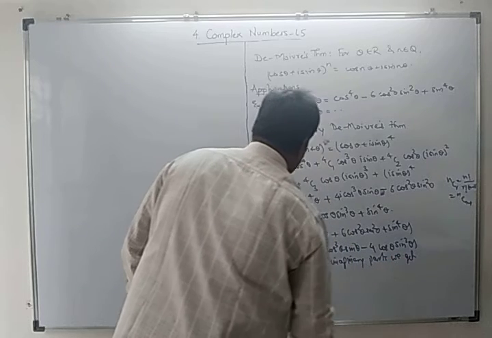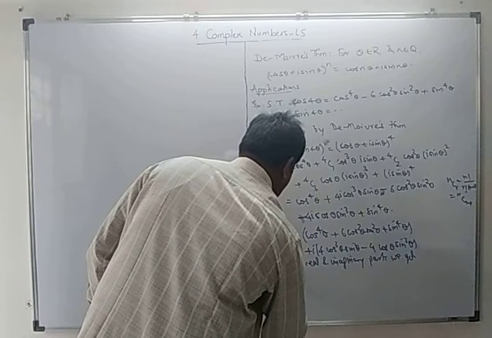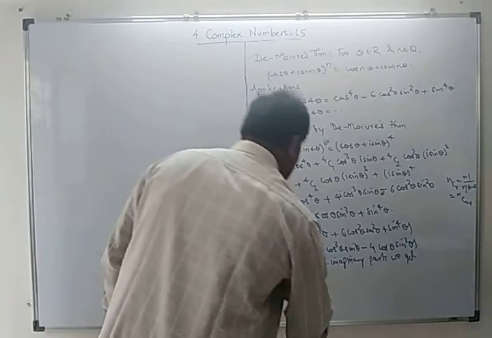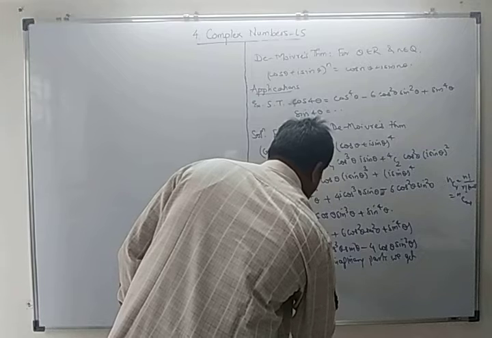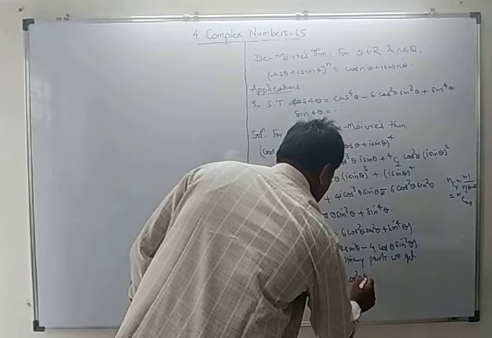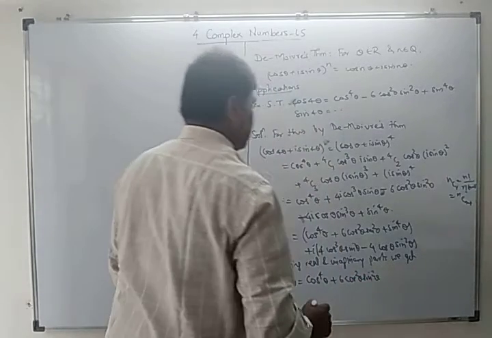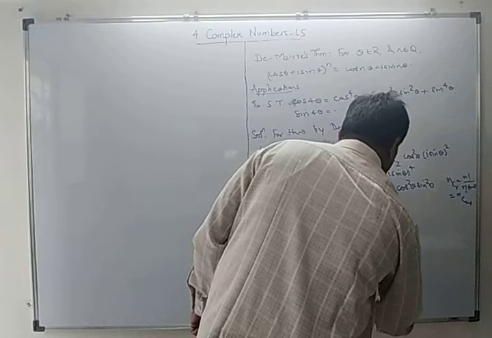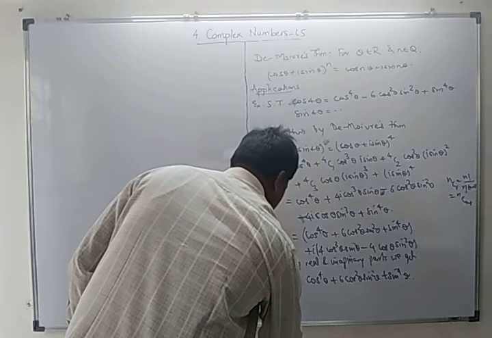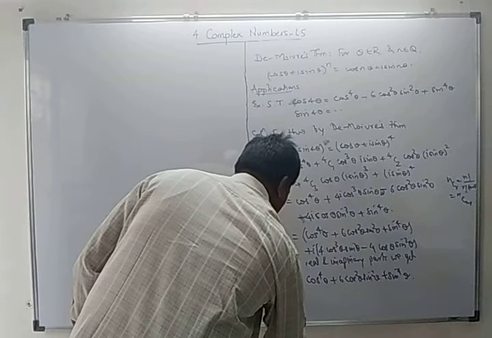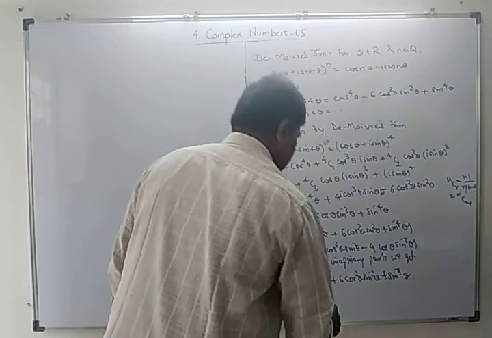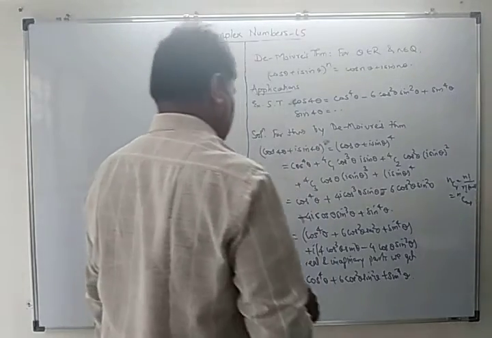We get cos 4 theta is equal to cos raised to 4 theta minus 6 times cos square theta sin square theta plus sin raised to 4 theta, and sin 4 theta is equal to 4 cos cube theta sin theta minus 4 cos theta sin cube theta.